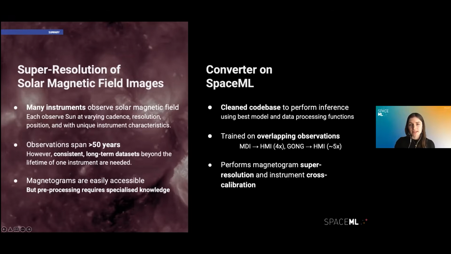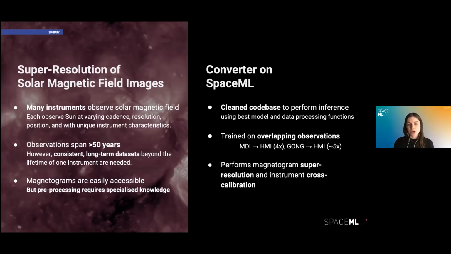While magnetograms are very easily and freely accessible, the pre-processing often requires very specialized scientific knowledge, and combining all of these different data sources into one is very challenging with traditional analysis techniques that are not based on deep learning. So to address this challenge, we have created a super resolution converter, which is a cleaned code base with our best model and data processing functions.